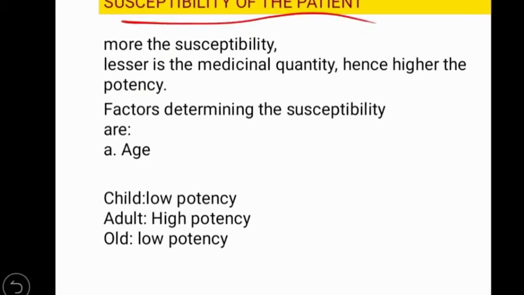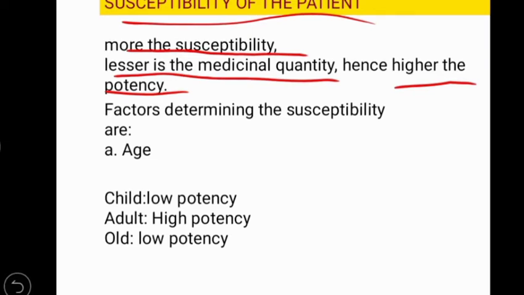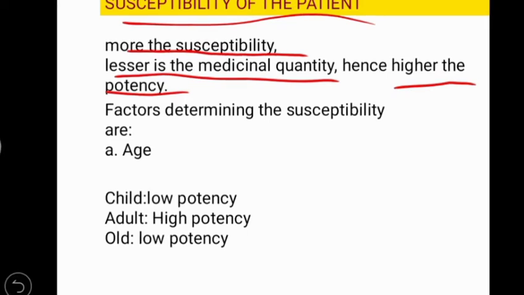Susceptibility of the patient means the more the susceptibility of the person, the lesser the medicinal quantity needed. The crude form of the medicine should be less, so a higher potency will be required. When a person has more susceptibility, is more prone to disease, then we give higher potency. But this is not judged on only one factor.